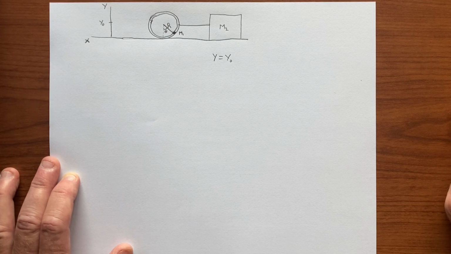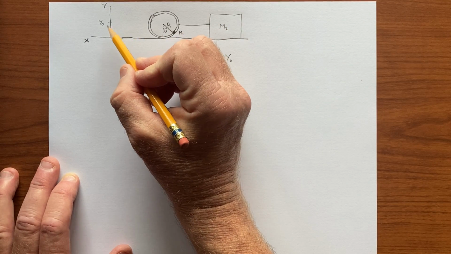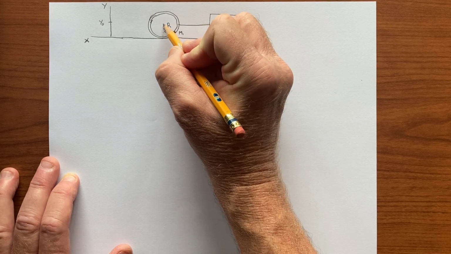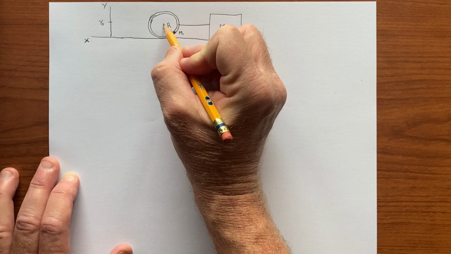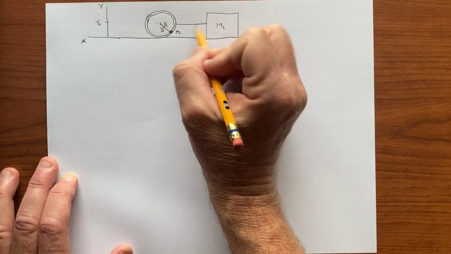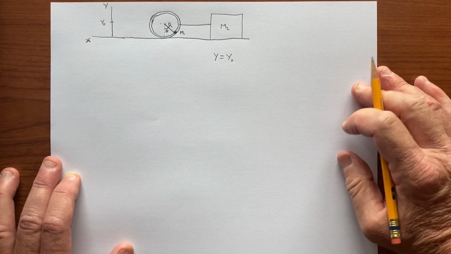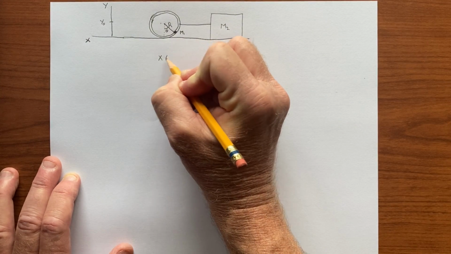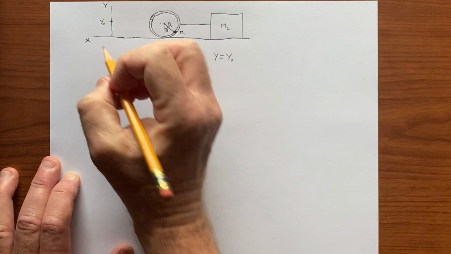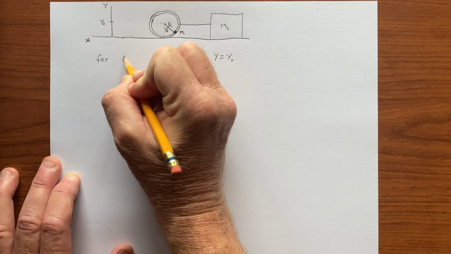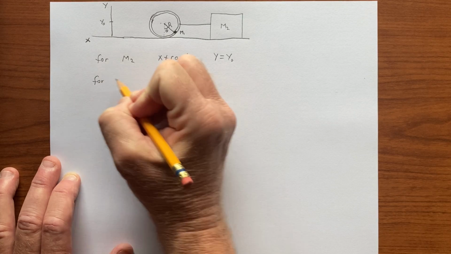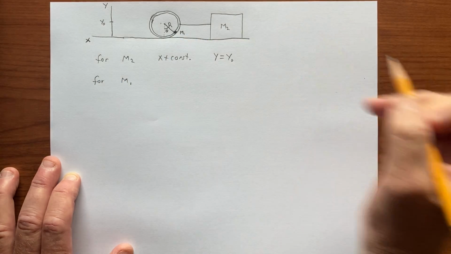Its x position, if this point here is x, then this object is x plus some constant, whatever this length is. Constants don't really matter, but it's x plus some constant. Then this is the coordinates for the object of mass m2.